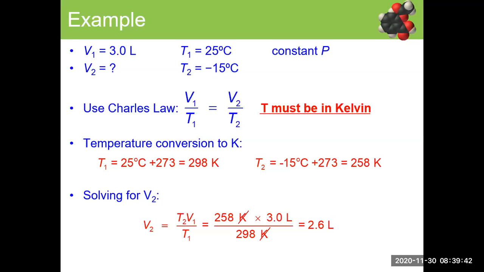If we plug in V1 and our two temperatures in Kelvin and rearrange to solve for V2, we get V2 equals T2 times V1 divided by T1. Plug in 258 and 298 Kelvin for the temperatures and 3.0 liters for the volume, do the math, and we get 2.6 liters.